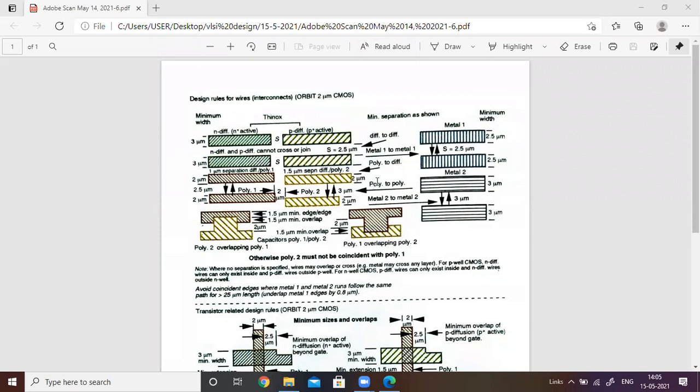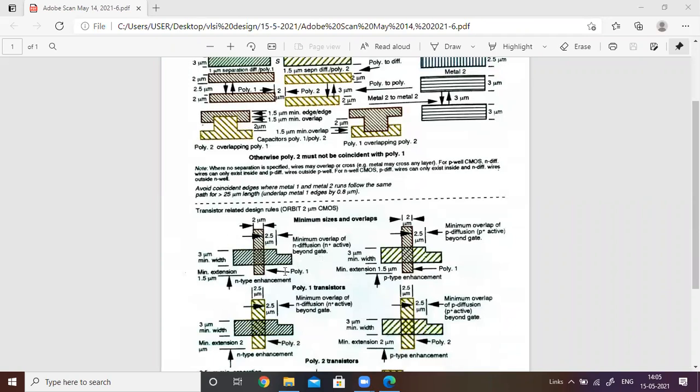These are the different design rules that exist in double metal, double poly, for the transistor structures. Whenever a transistor is formed, you have an extension. In the lambda based design rules the extension is 2 lambda, but here the extension must be 1.5 micrometer, and the N diffusion has 3 micrometer width.